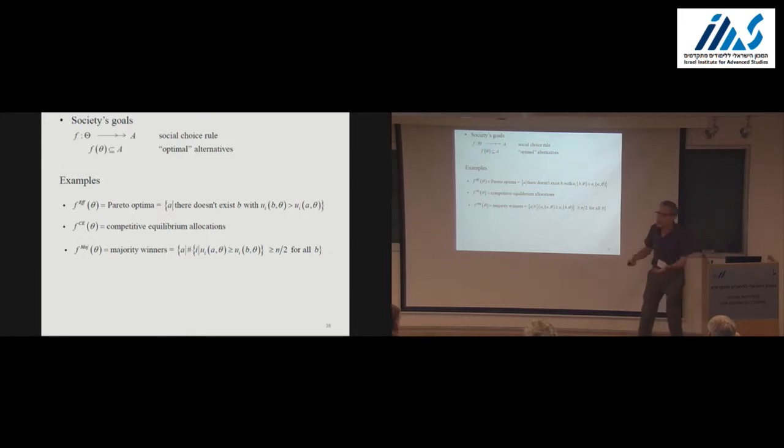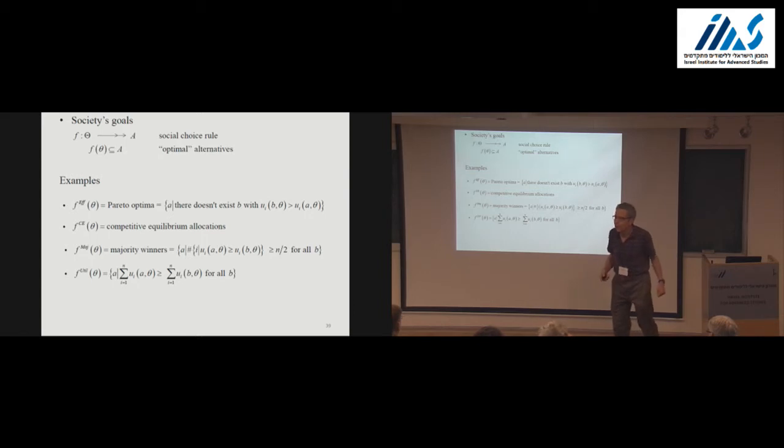If we were in a political context where we were voting, we might look at the set of outcomes which would beat all of the other outcomes by a majority vote, the set of majority winners. If we were Benthamite utilitarians, we might look at the set of outcomes which maximized the sum of people's utilities. And I'm sure all of you can think of many other potential social choice rules, but these are just a few examples.